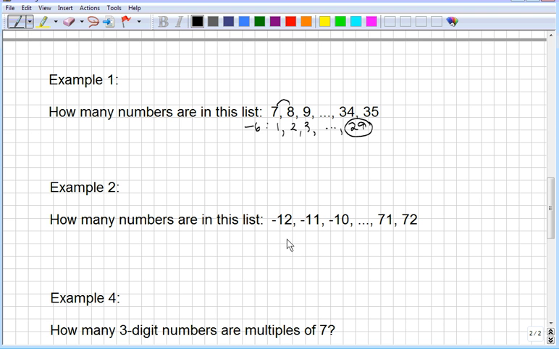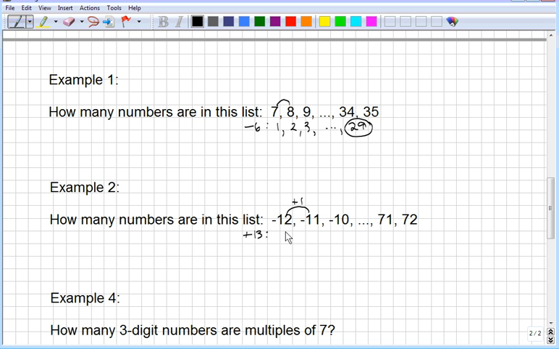Okay, here's another one. Now, this one looks a little trickier because we're starting with a negative, but it doesn't matter. They're increasing by 1 each time, so we're adding 1 each time. And so in order to make the first number 1, let's add 13 to it.